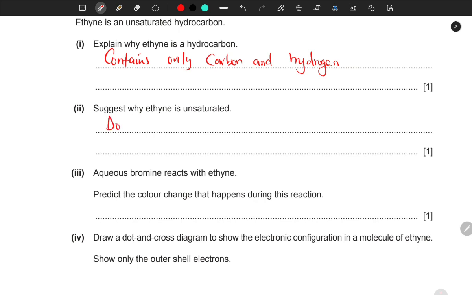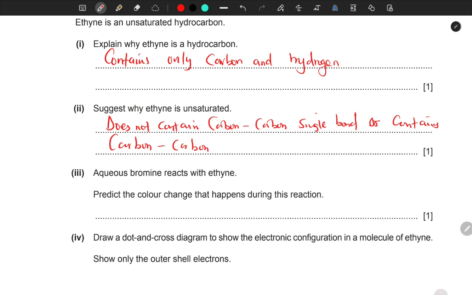So we can say it does not contain carbon to carbon single bonds only, or you can say it contains the carbon to carbon triple bond.